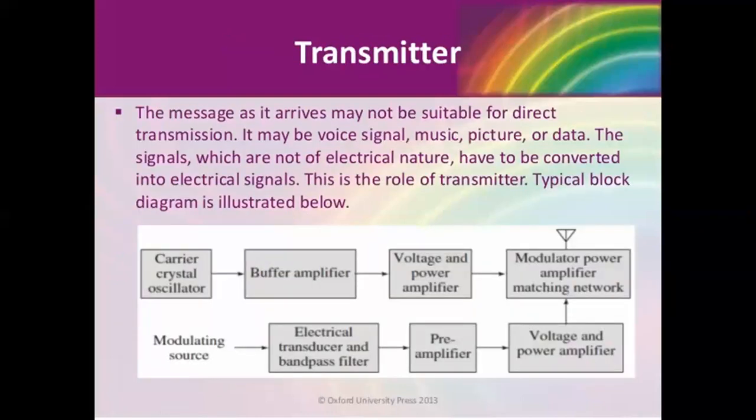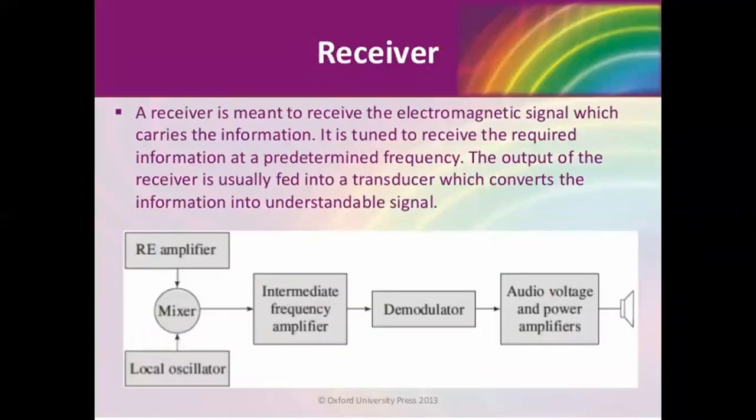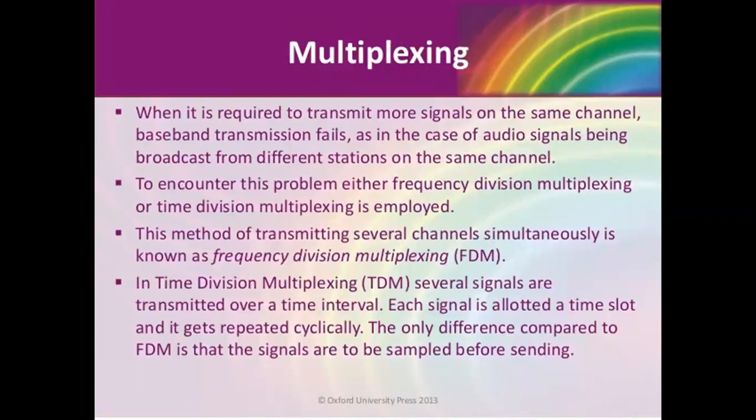Okay. Now, you have already seen the block diagram of the transmitter and the block diagram of the receiver. Now today's concept is multiplexing. So what is multiplexing for? Multiplexing is when more signals are transmitted on a single channel.